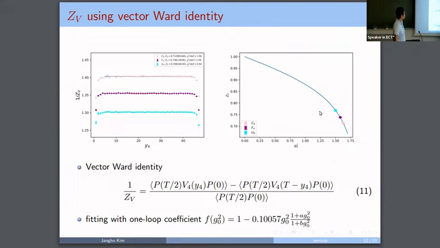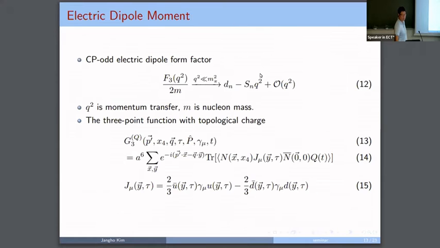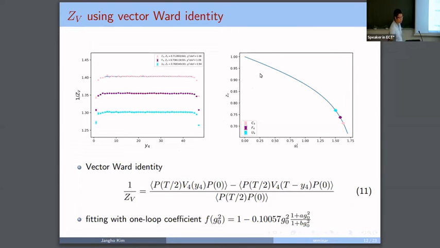We also plot these 3 Z_V values for 3 ensembles and try to fit with the one-loop coefficient, and it works like this. It's perturbation theory, with A and B.